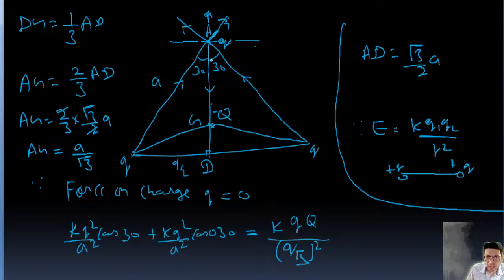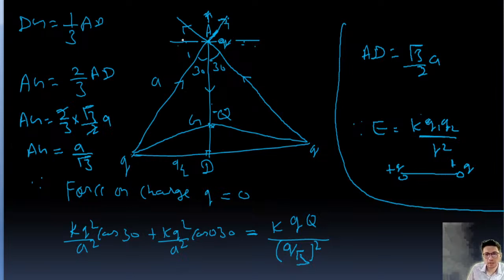Along this direction the component is going to be, suppose this force is F1, F1 cos theta and F1 sin theta. Similarly, for this force along this direction it is F2 cos theta and F2 sin theta. F1 sin theta and F2 sin theta are going to cancel each other because they are equal and opposite, because their distance is equal and charges are equal.